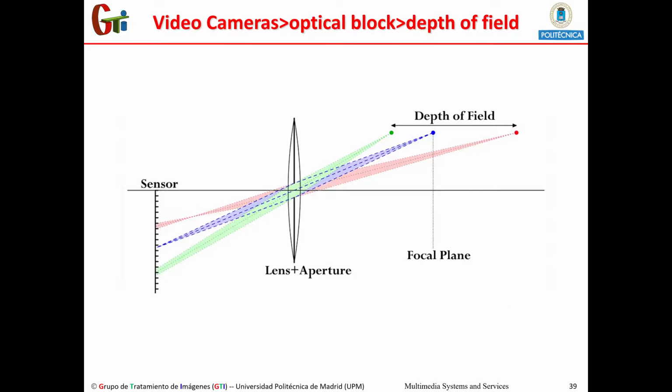Physically, we can see this effect of what kind of objects can be sharp or focused in the image with this representation. Here we have a certain aperture that allows some very collimated rays to pass.